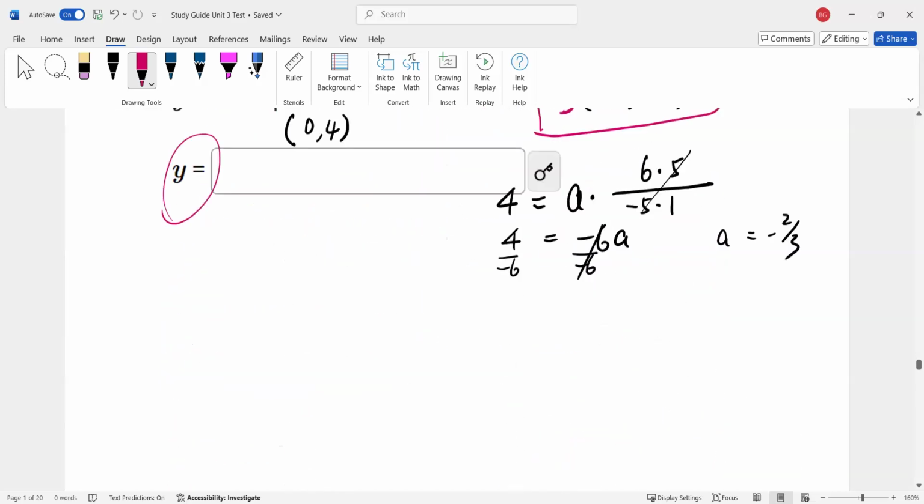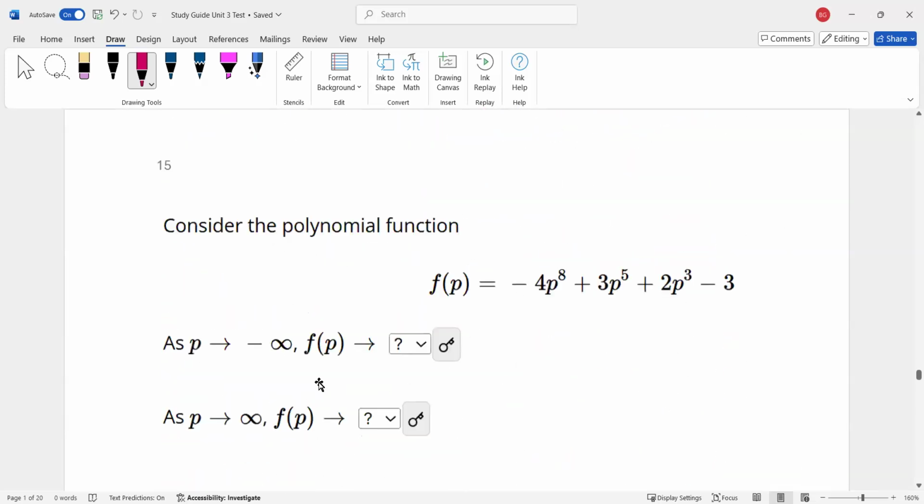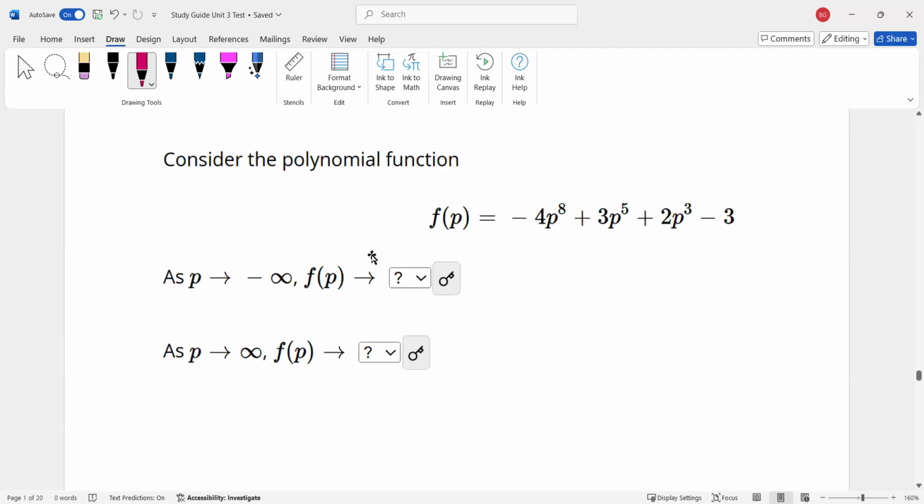Okay, next, 15. Consider the polynomial function of degree 8. The leading coefficient is 94. This is about the end behavior of a polynomial function. The end behavior of a polynomial function is completely determined by the leading term. I highlighted in pink, 94p to the power of 8.